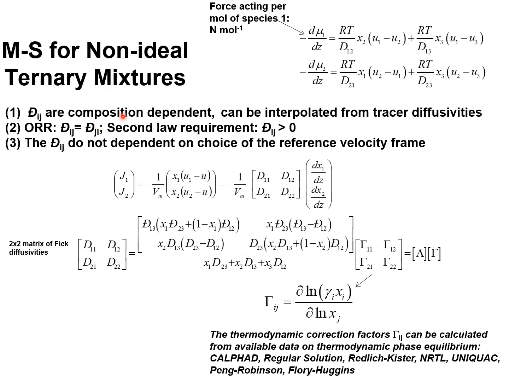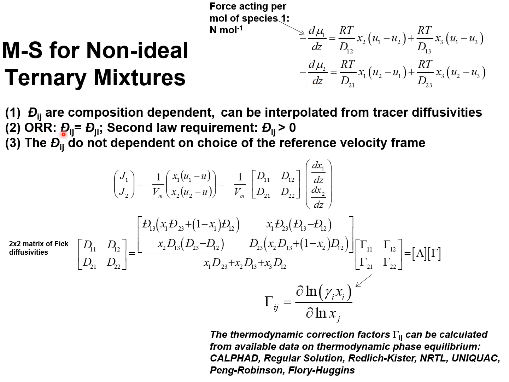The Maxwell-Stefan diffusion equations for non-ideal ternary mixtures can be written in the usual manner. For species 1, for example, the force acting per mole of species 1 is balanced by the friction it experiences with species 2 and with species 3. And similarly for the force acting on species 2.